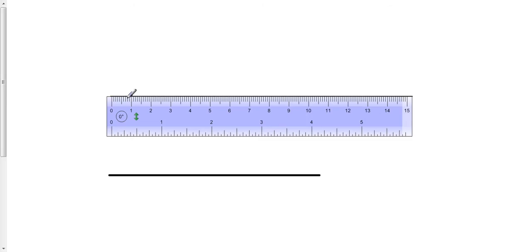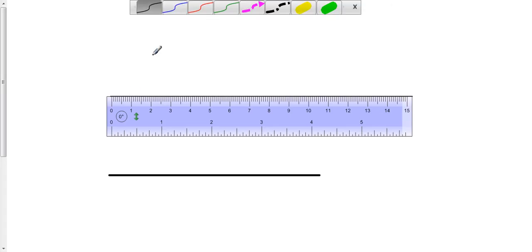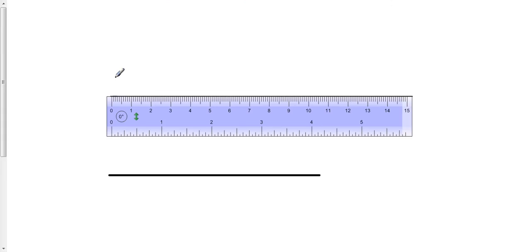So 0, 1, 2, 3 here, these are centimeters, and you'll notice that in between 0 and 1 and 1 and 2 we have 10 little segments. It's divided up into 10 little segments. Each of those segments is 1 millimeter. So these little tiny segments here are millimeters, and each of the larger segments here are centimeters.